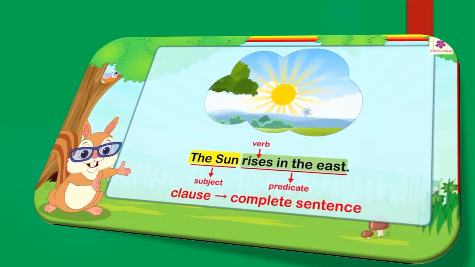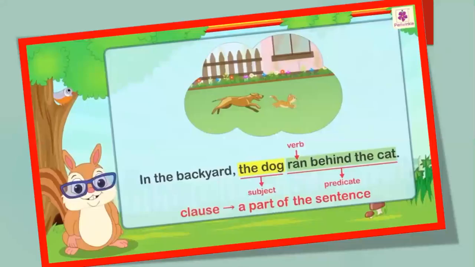That means a clause is a complete sentence which has a subject and a verb. One more example you can see, in the backyard, the dog ran behind the cat. So the dog is the subject, ran is the verb, and ran behind the cat, this is the predicate.